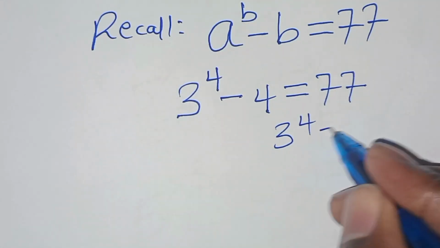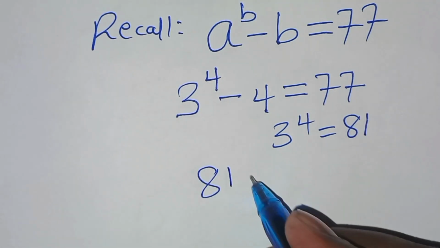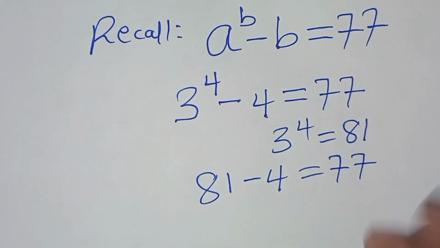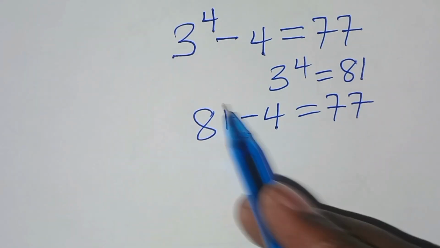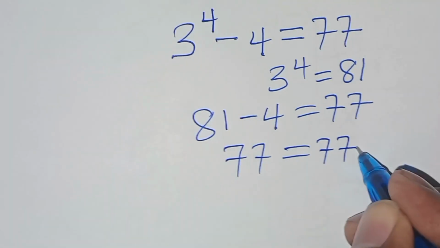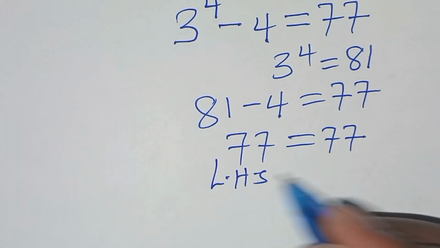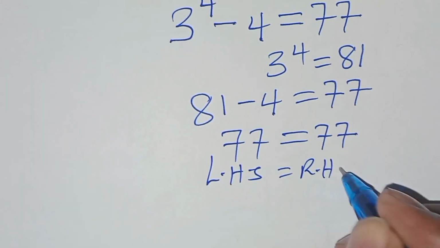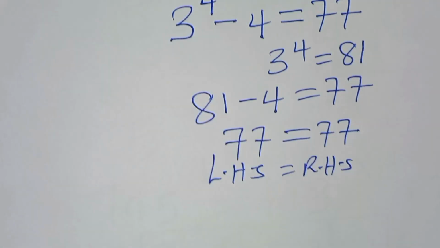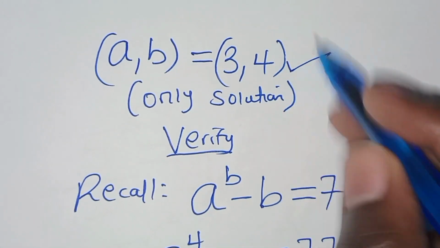So 3 to power 4 is equal to 81. Essentially, we have 81 minus 4, which is 77, equal to 77. So the left hand side is equal to the right hand side, and this satisfies the equation. So the solution (a, b) satisfies the equation.